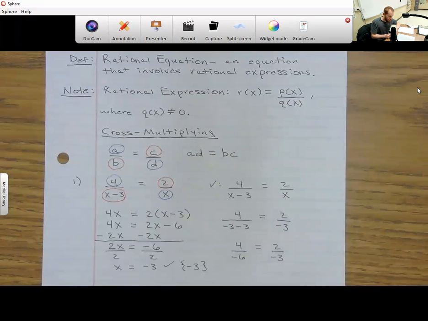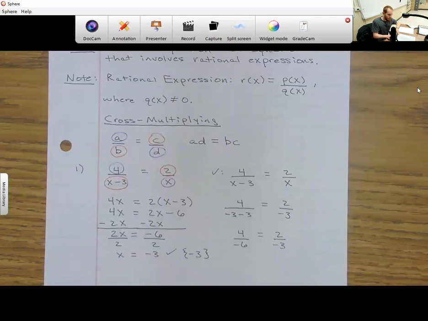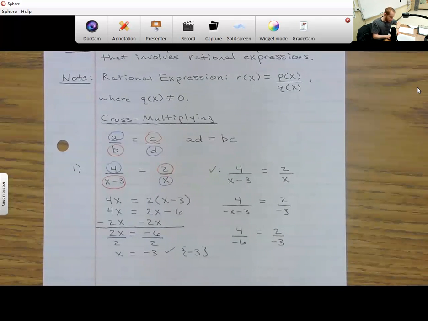So I've pretty much almost got it. The last thing I need to do is reduce the left side, because I know for a fact that I have 4 over negative 6, and I can divide both of those numbers by a 2. Okay? So once I do that, I divide the top and the bottom by 2.